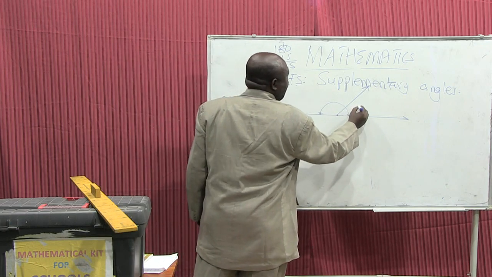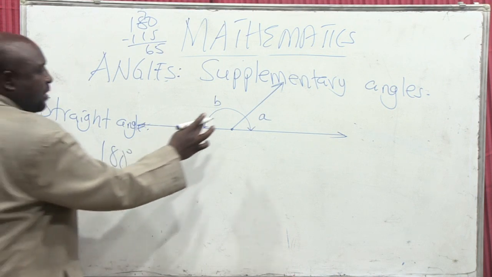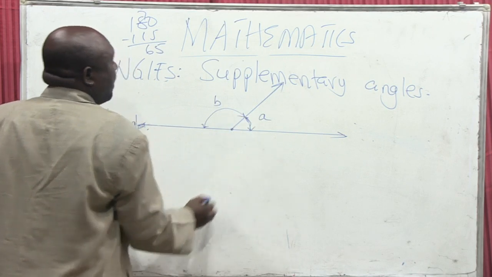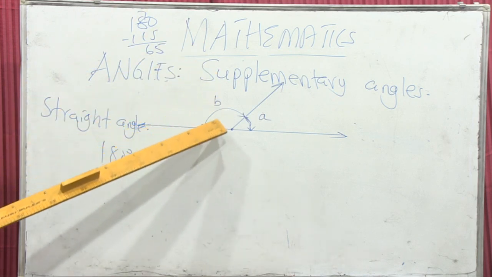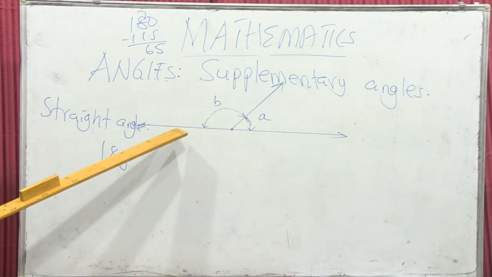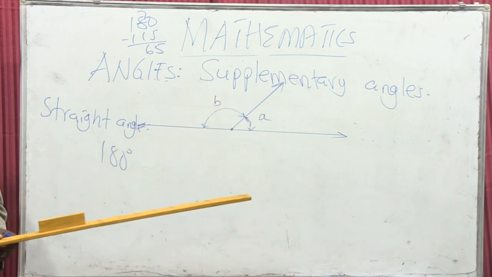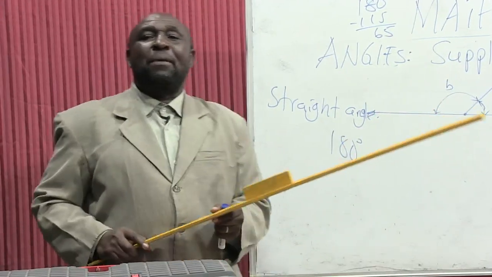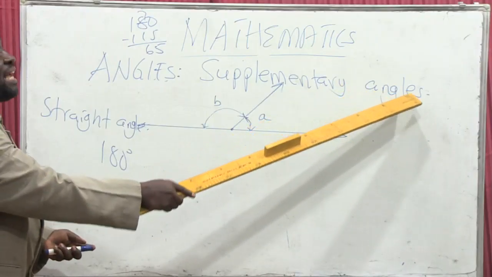One is angle A, another one is angle B. Together, angle A and angle B form a straight angle. We say angle A and B supplement each other. Then we say A and B are supplementary angles.